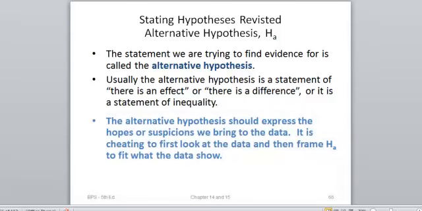So the alternative hypothesis should express the hopes or suspicions we bring to the data. It is cheating to first look at the data and then frame the alternative to fit what the data show. So we want to put the question up first, then we take our sample, and then we see how that looks under the null hypothesis, and how it looks will tell us whether to reject or not reject the null hypothesis.